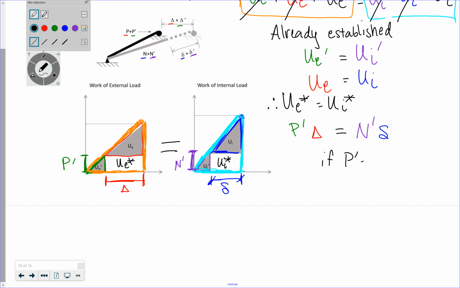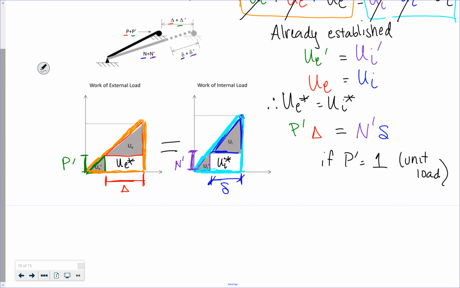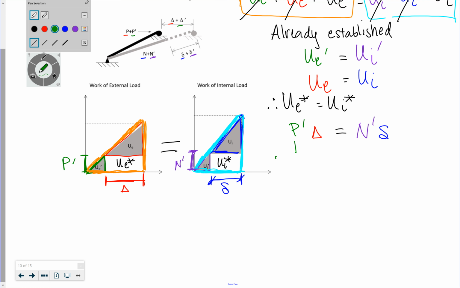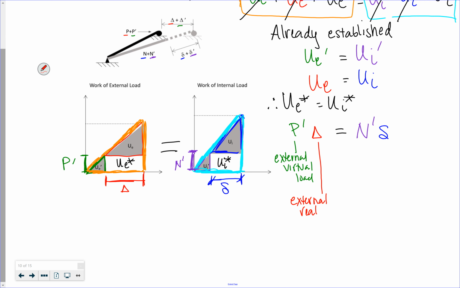If P prime is equal to 1, it's a unit load. Actually, hold on. All right, this is the external virtual load. This is the external real displacement.